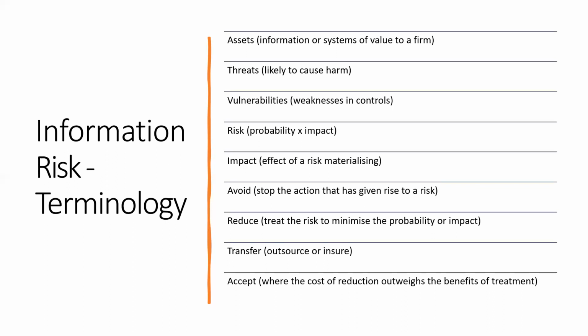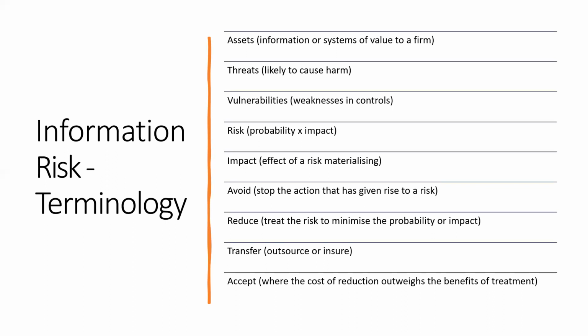Vulnerabilities are weaknesses in controls that would enable a threat to cause harm. Risk is calculated by examining or assessing the probability of a threat exploiting a vulnerability, causing harm due to a vulnerability, times the impact of that threat exploiting the vulnerability.